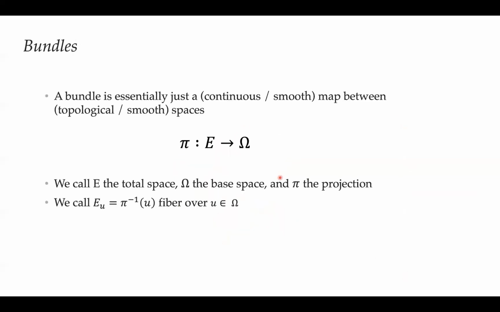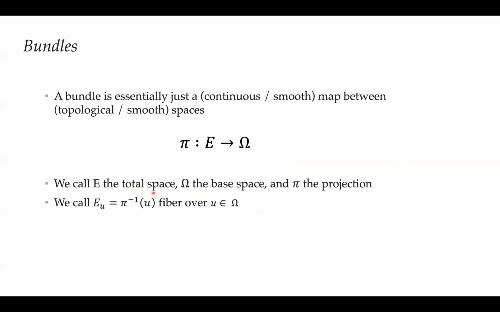So the way to define this mathematically is actually very simple. We define a bundle via a mapping called a projection map pi that maps from the total space to the base space. So it takes a point on a particular fiber and it maps it to the point over which that fiber lives.